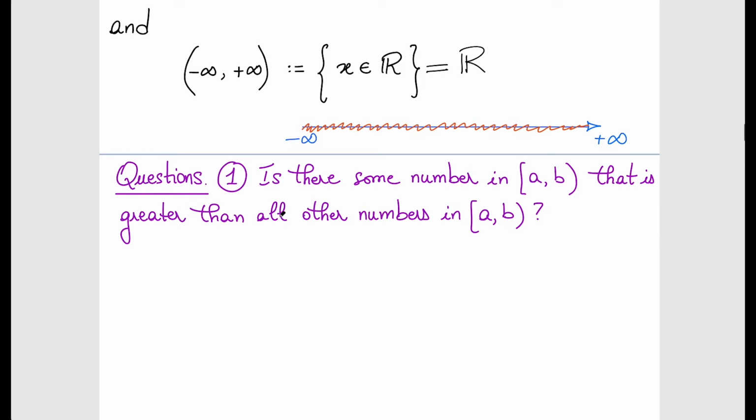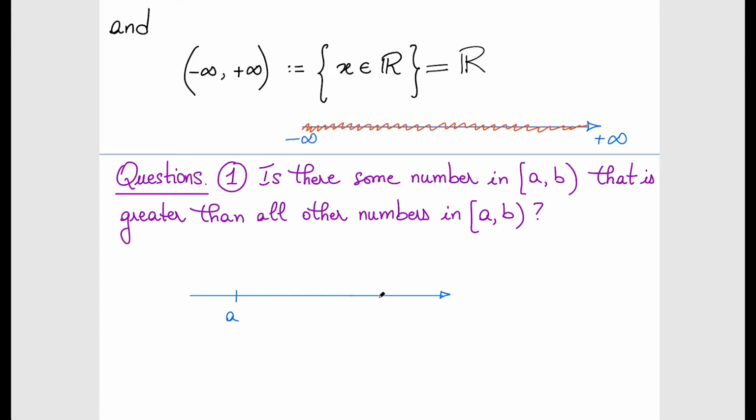Okay, all right. So here's a question. The first question goes like this. Is there some number in this interval, closed bracket A all the way to B open at B, that's greater than any other number in AB? So is there a rightmost element in this interval? What's this interval again? It's this set. So this is A, this is B, right?